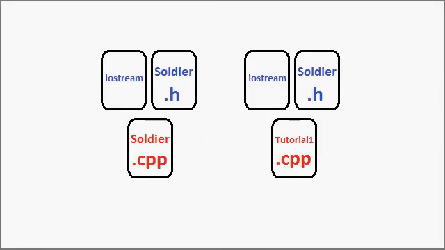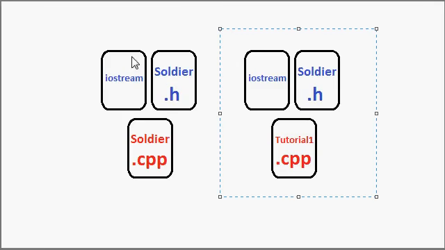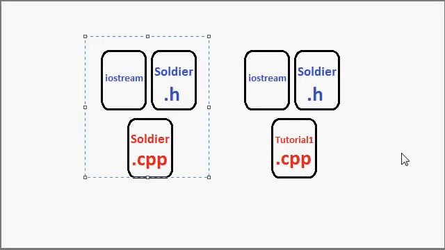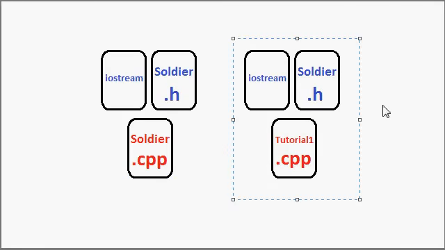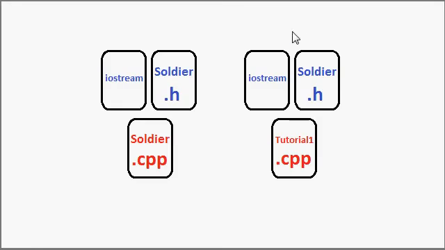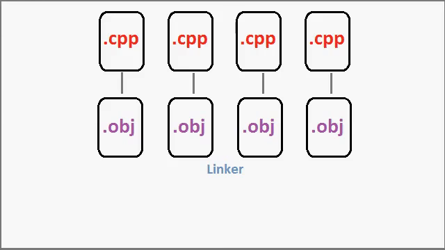Which in our case means that even though at first these were two different separate worlds, and over here it looked like we only declared the soldier class but didn't get its definition, only over here in this other world, in this other translation unit, do we have the definition of the soldier class. But it all comes together thanks to the linker.